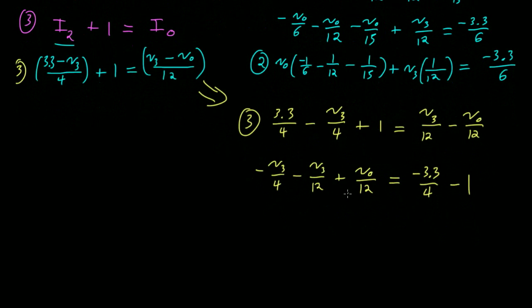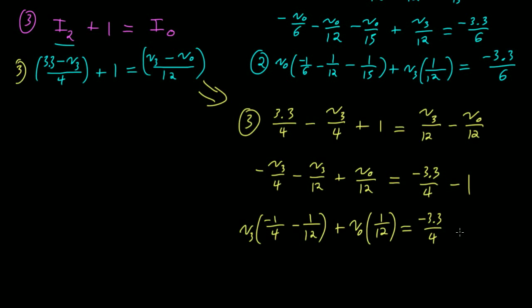And now the very last step is just to factor out this v3 and that v0. So I'll be left with v3 times minus 1 over 4 minus 1 over 12 plus v0 times 1 over 12 is equal to minus 3.3 divided by 4 minus 1.